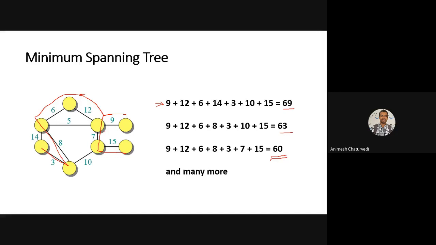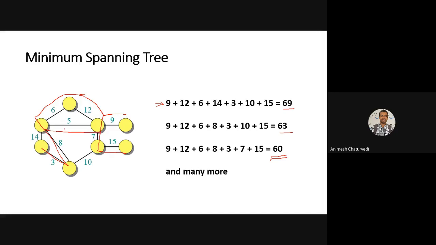How do we find out if it is the minimum spanning tree? It is not necessarily a minimum spanning tree. Can any other edge be added to this? There is a possibility of adding 5 to this tree.